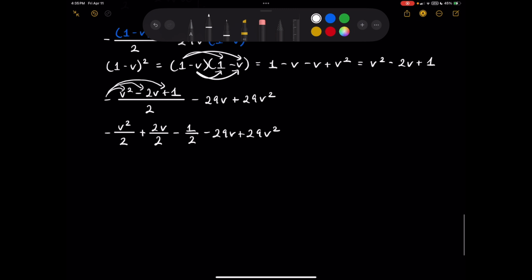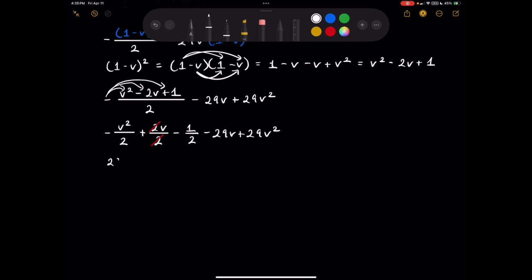And this can be reduced down, right? So this is going to cancel, 2v over 2. That's just going to be v. And negative v squared over 2, that's just negative 1/2 v squared. Add a 29, you get 28.5 v squared. That as a fraction would be, let's see, 57 over 2. Let's just check that.